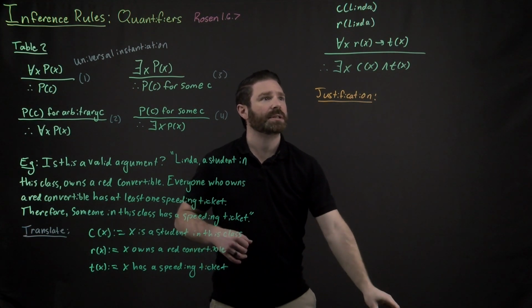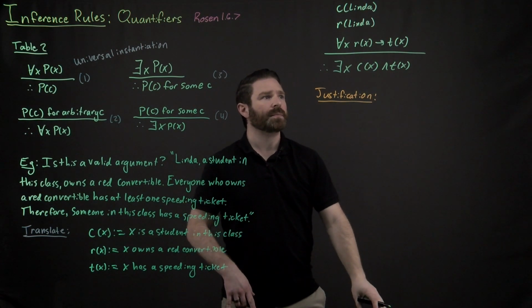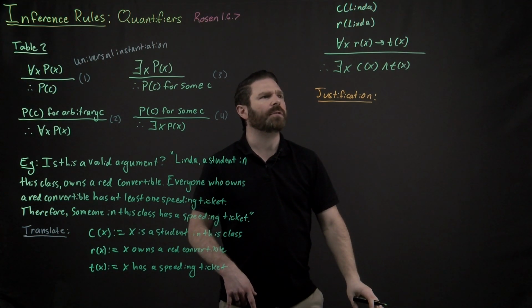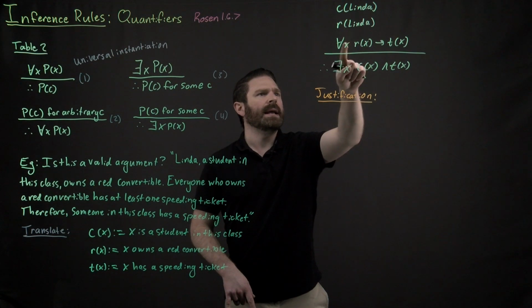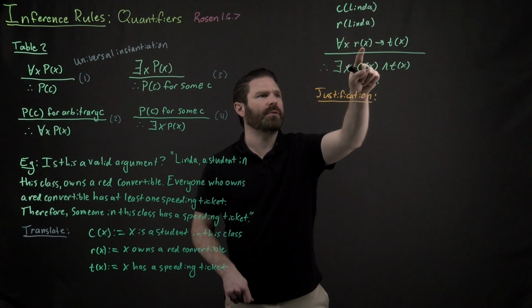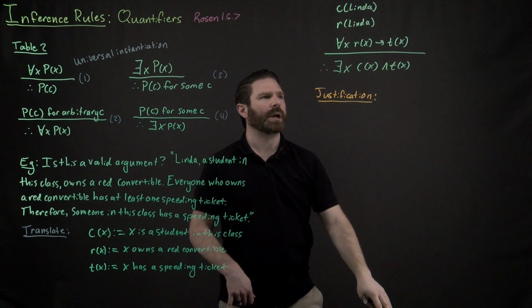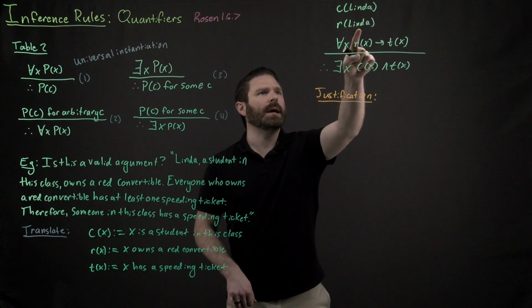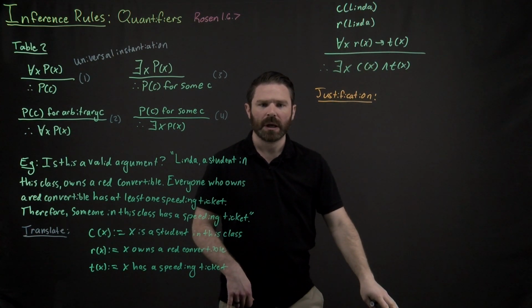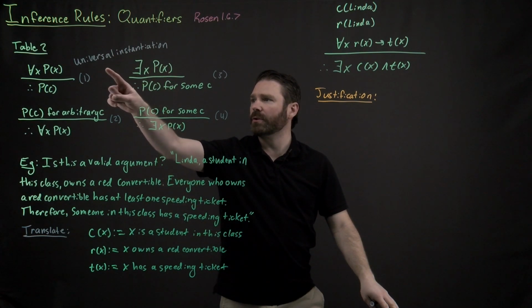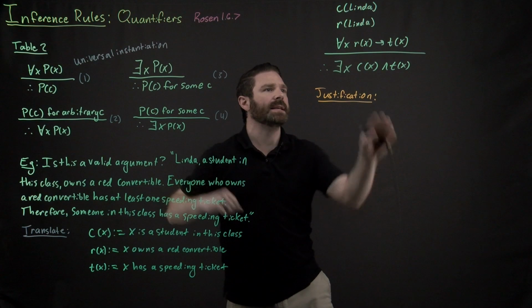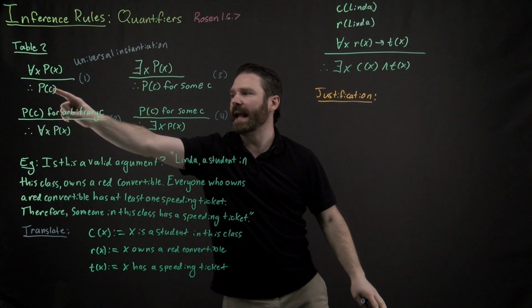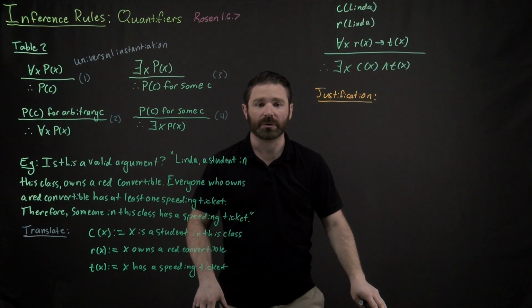Our justification is going to proceed as follows. First off, I see this universal quantifier that says for every x, if you have a red convertible, then you have a ticket. Well, I know Linda owns a red convertible. So I can use universal instantiation, which says that if I see a for all x and then some statement, I can stick in any particular value and it's also true.